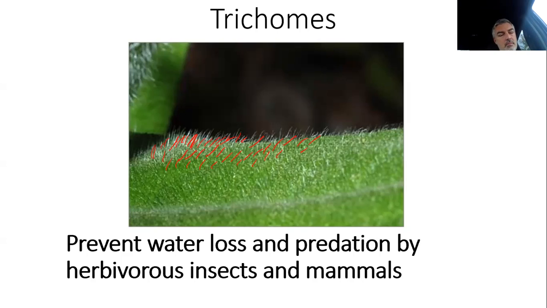And what these little hairs do is they produce toxins as well that keep animals from eating them. The animal eats it and goes, what the heck is this? This stuff is terrible. It makes my mouth hurt. Or it confuses them, like the compound in marijuana, so they don't know where they are. They forget where the plant was. So these are structures that help protect the plant. That's what trichomes are, and they're a trait.